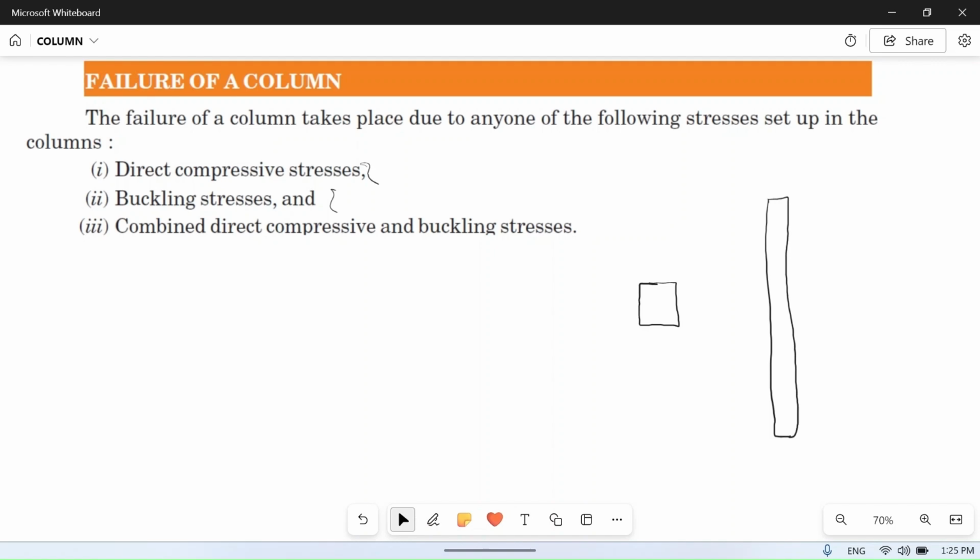Suppose this is fixed here, and we apply a vertical compressive load on this column. It is very small, its length is very small, comparable to its width. In this case, the column will fail due to crushing. Suppose sigma c is the crushing stress.